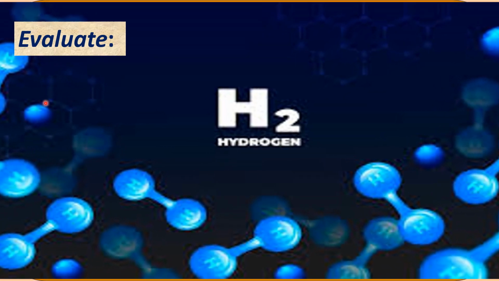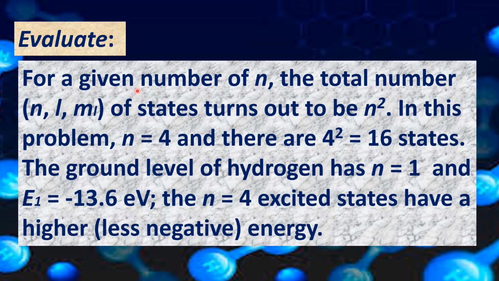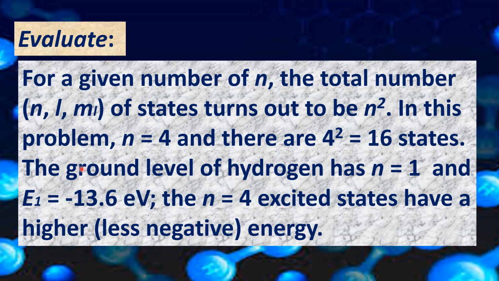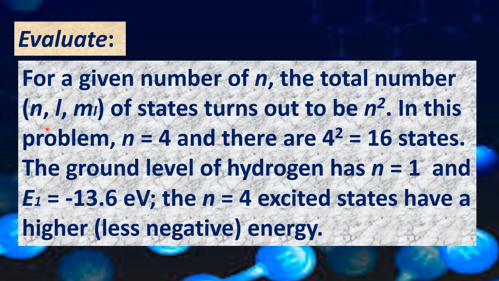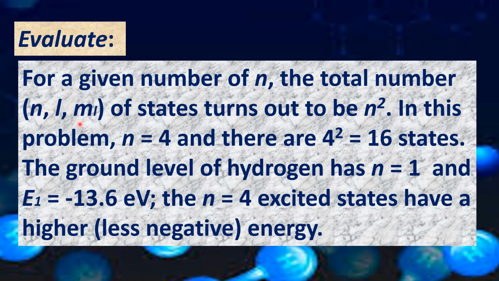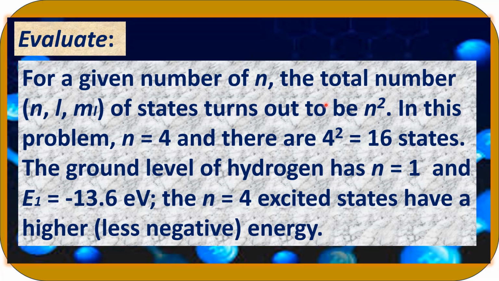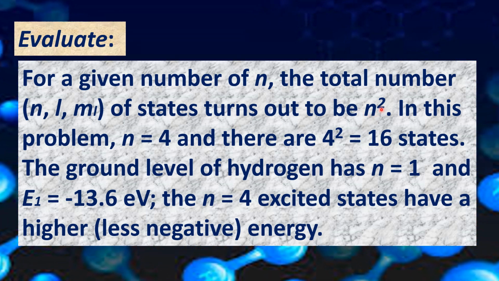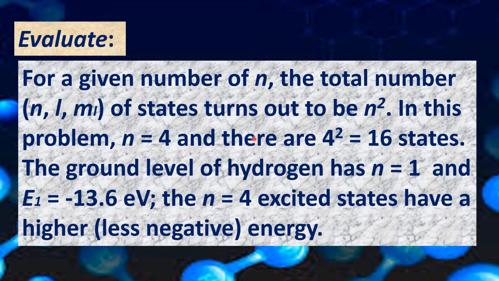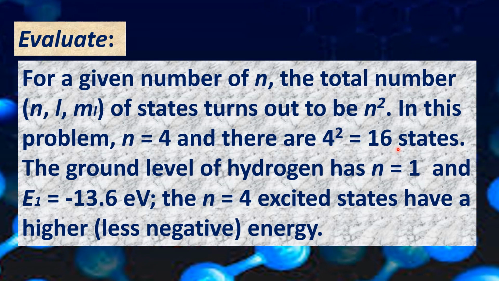Evaluating our preceding answers, we say that for a given number n, the total number of states for the quantum numbers n, l, and m sub l turns out to be n squared. In this problem, where n equals 4, there are 4 squared or 16 states.